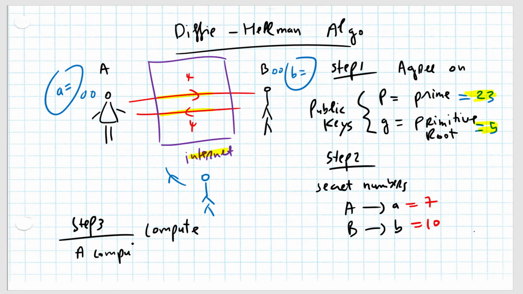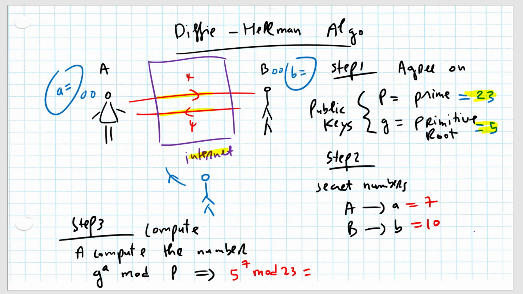A is going to compute the number G to the power of whatever that number a is, mod P. So in this case, this person is going to compute G, which is 5, to the power of which number did she select? She selected 7. And then mod the prime number, which is publicly available.